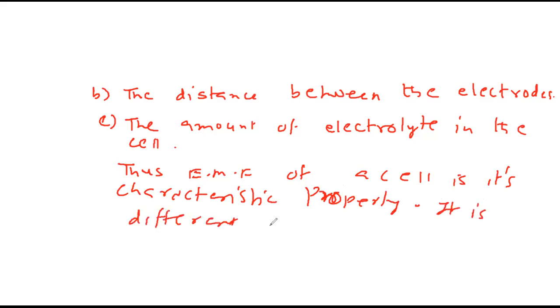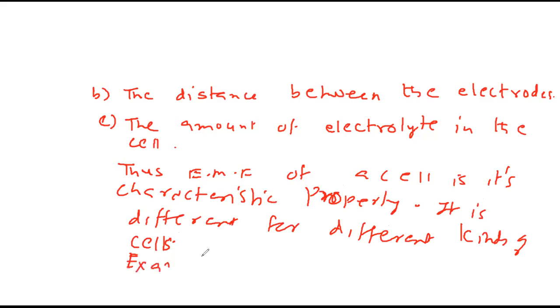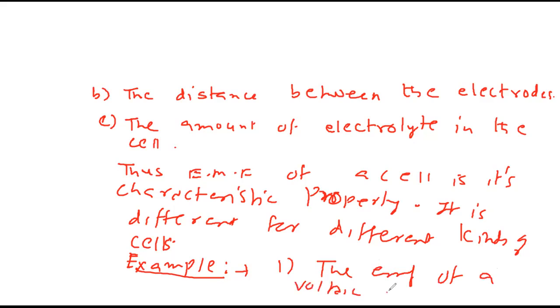It is different for different kinds of cells. For example, the EMF of a voltaic cell is 1.08 volt.